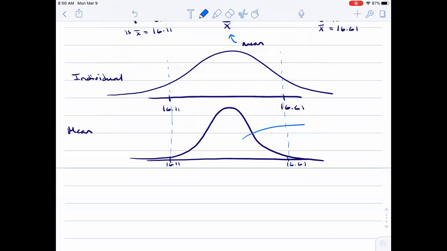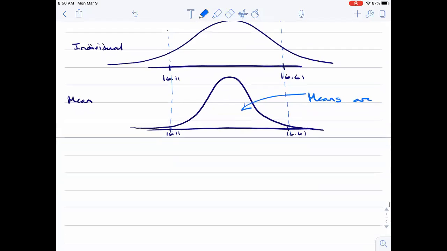So means, as in X bar, are closer to mu. Just more compressed. So we always expect the probability of a mean being between 16.11 and 16.61 to be a lot larger than for an individual observation. Okay, cool.